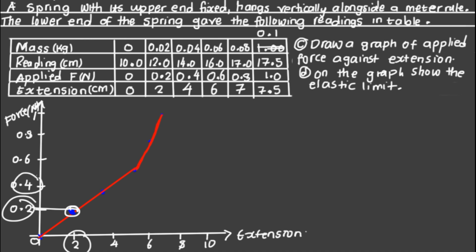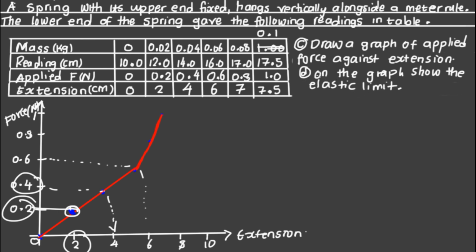When the force was increased from 0.2 to 0.4, the extension also increased. When the force increased to 0.6, the extension also increased to 6. So as long as the extension is increasing in line with the applied force, that is the relationship we are referring to as a direct proportion.